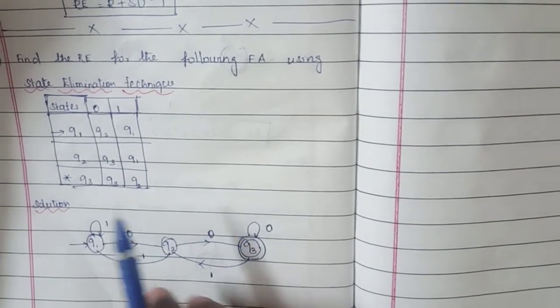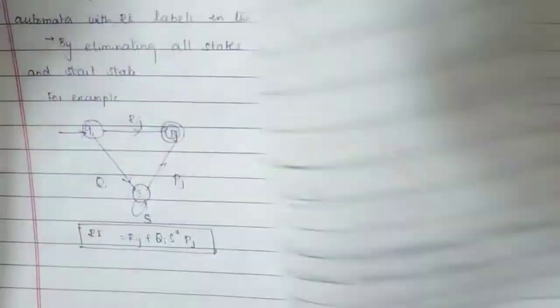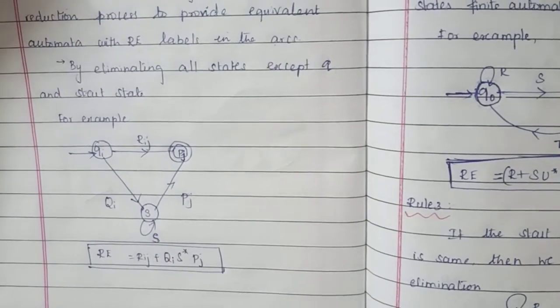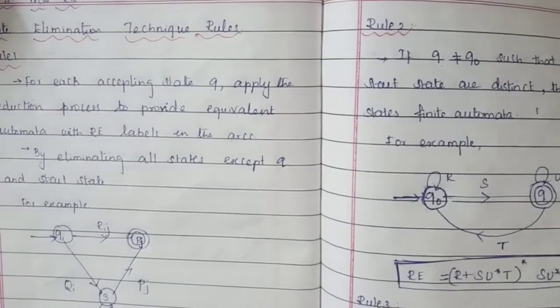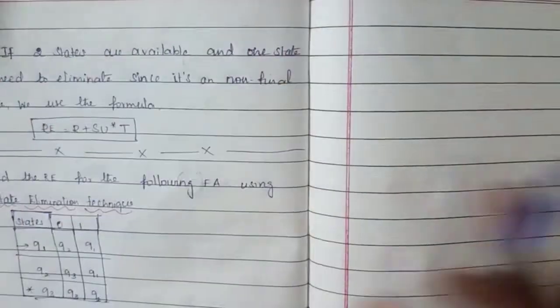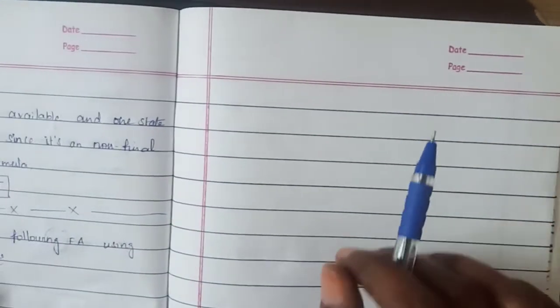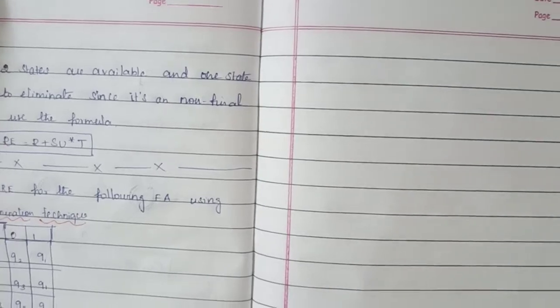Using this transition diagram, we have to follow the rules as we discussed in the previous video. When we see this kind of problem, we have to eliminate the intermediate state.